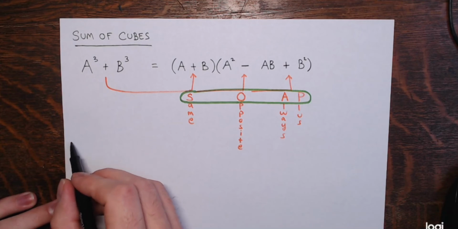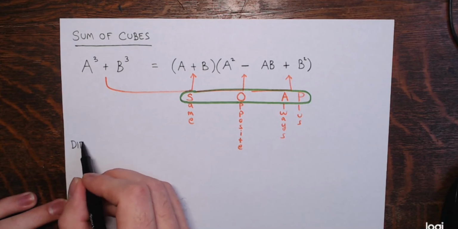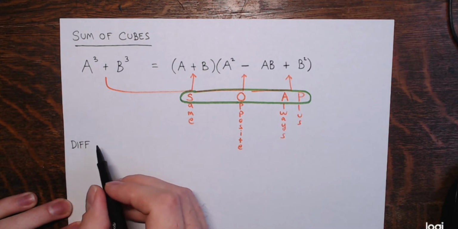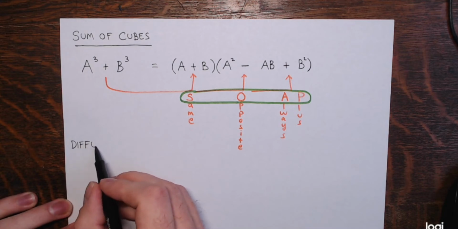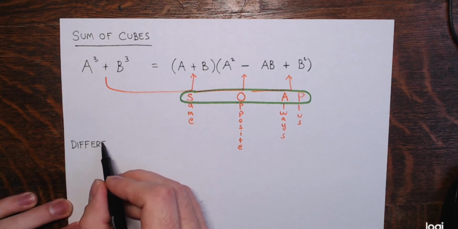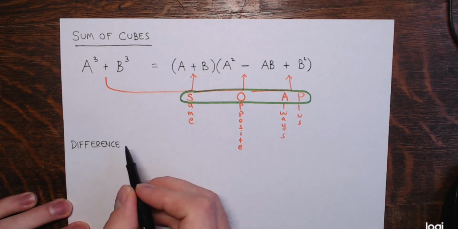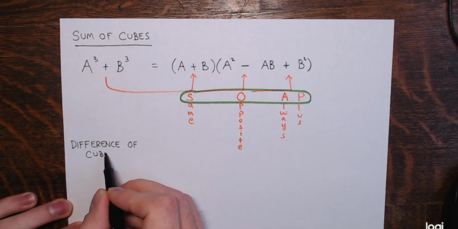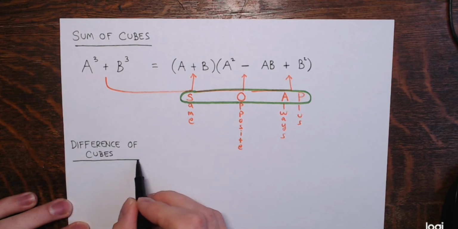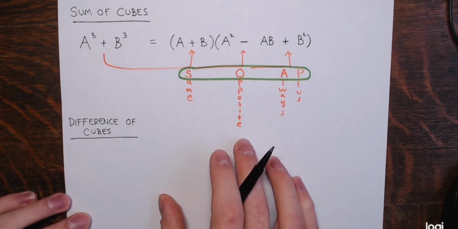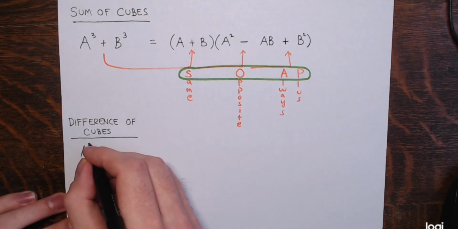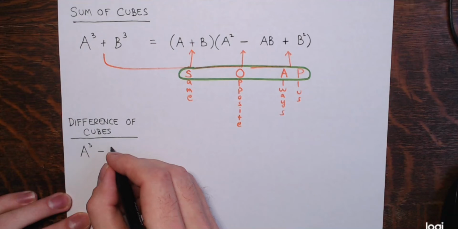A difference of cubes, factoring a difference of cubes is very, very similar. Just has some sign changes. All right, so a difference of cubes looks like this: something to the third power minus something to the third power, right?